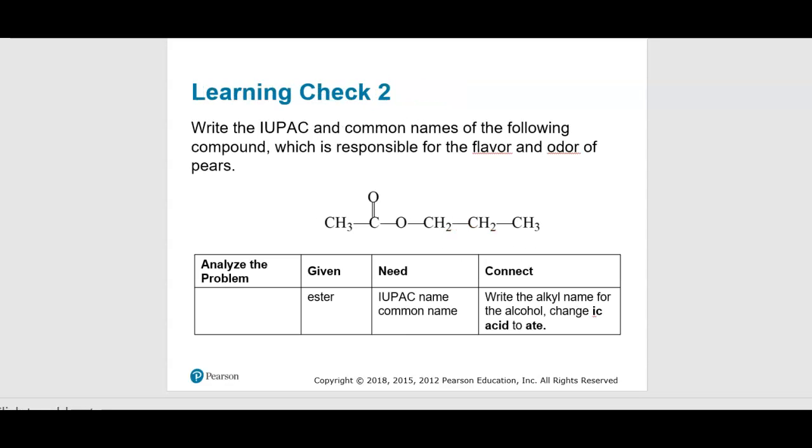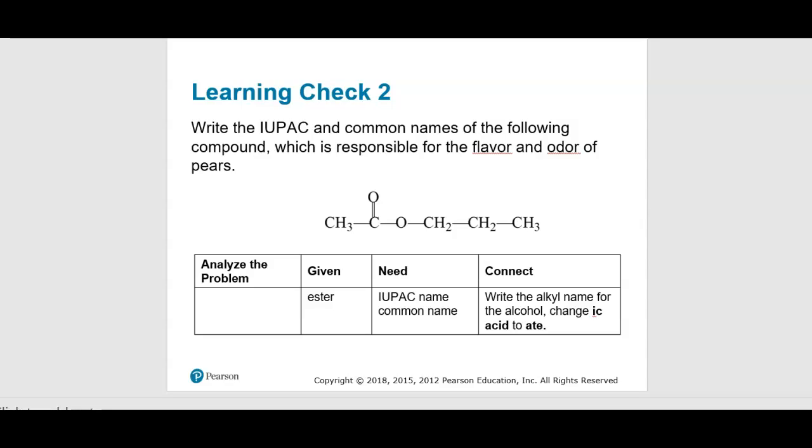Here's kind of switching things around a little bit. You've got a fairly small acid and a fairly large alcohol. Write the IUPAC name for the following compound, which says pear flavor. If you think back, we actually mentioned that earlier in this lecture.